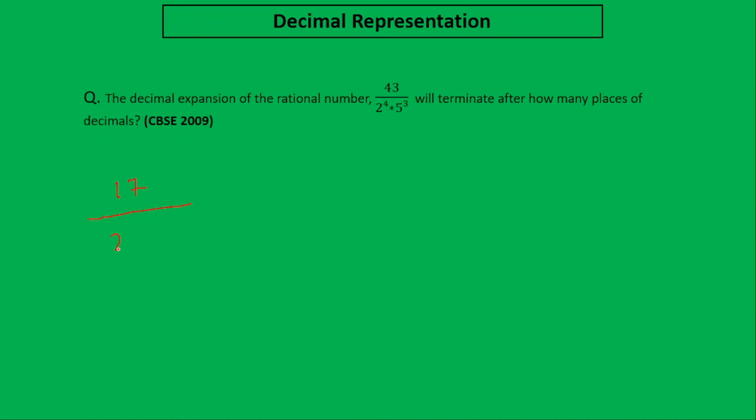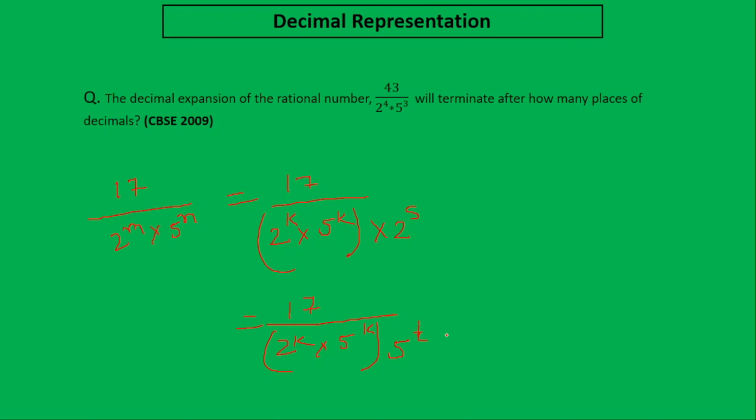Suppose another example, 17 by 2 to the power m times 5 to the power n. What will you do? You will write 17 divided by 2 to the power k, 5 to the power k, and you may write 2 to the power something s.